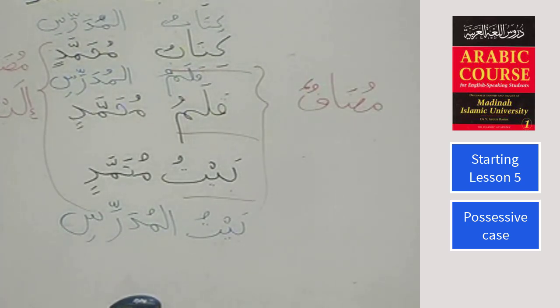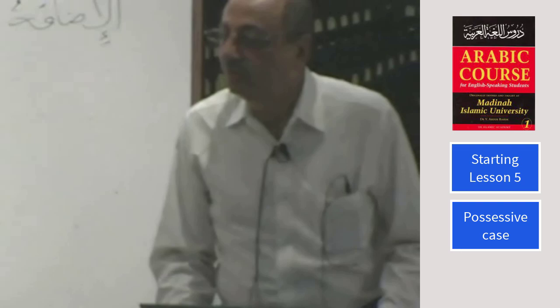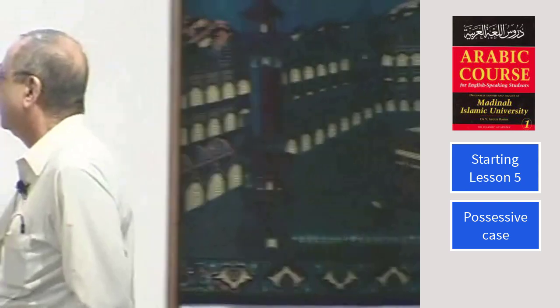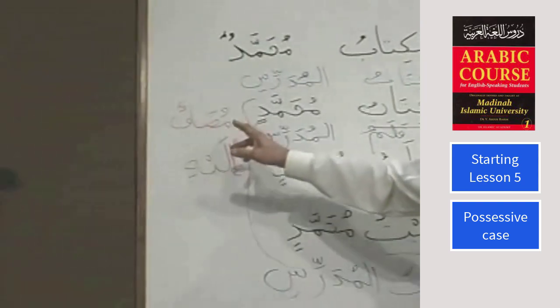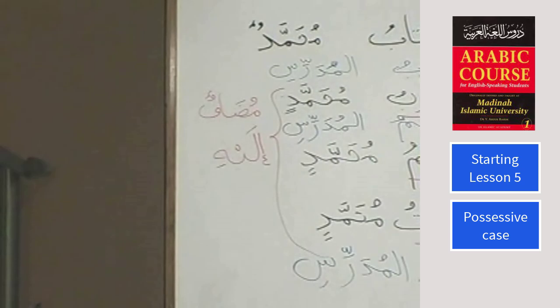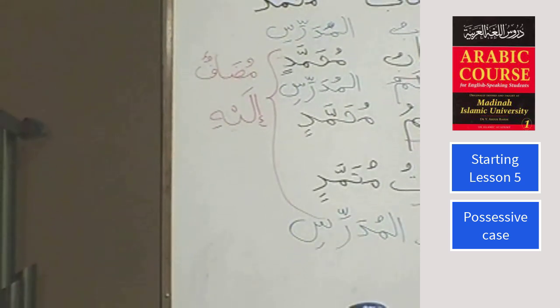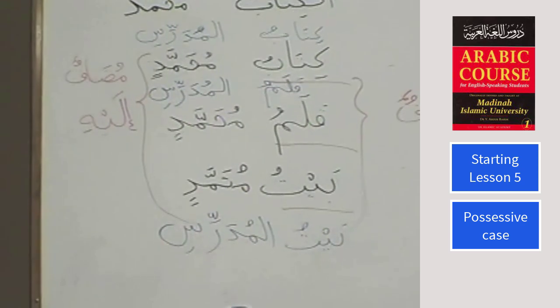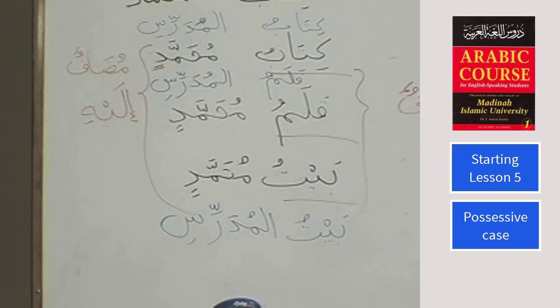House of Muhammad, Baitu Muhammadin. Coming back to our basic point, mudaf ilayhi will always be majroor. Mudaf can be marfu, mansub, or majroor. When you see the examples in front of you, you will inshallah figure it out.